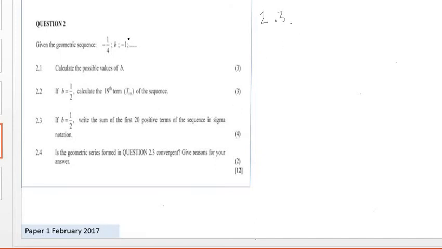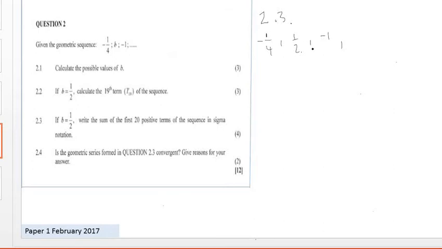So we have the initial sequence, which is -1/4, and then the value of b, which is 1/2, and then we have 1. So if we continue in the sequence, we can just add some terms that come after.